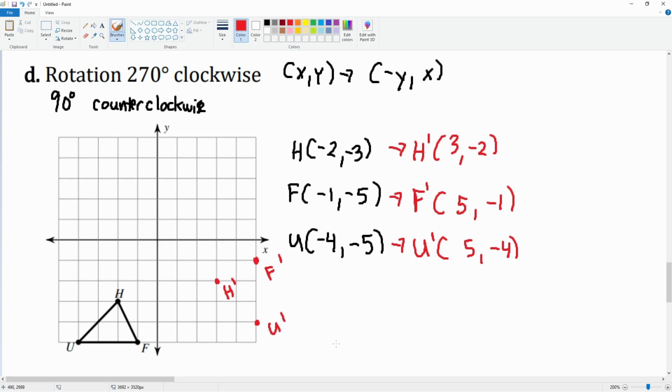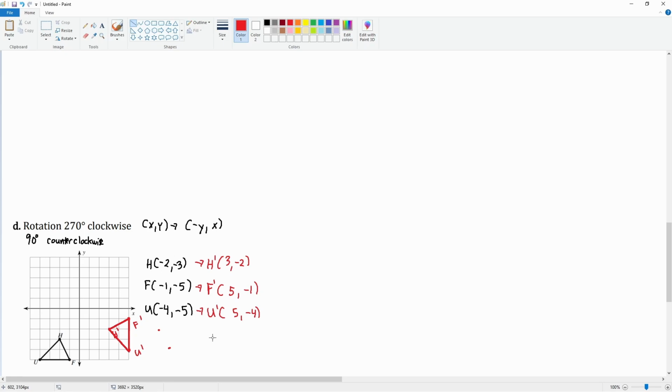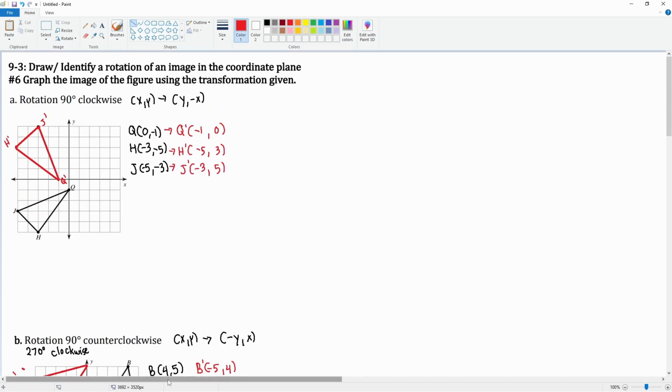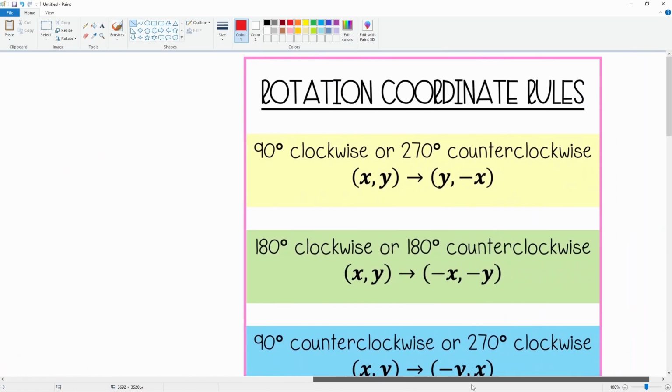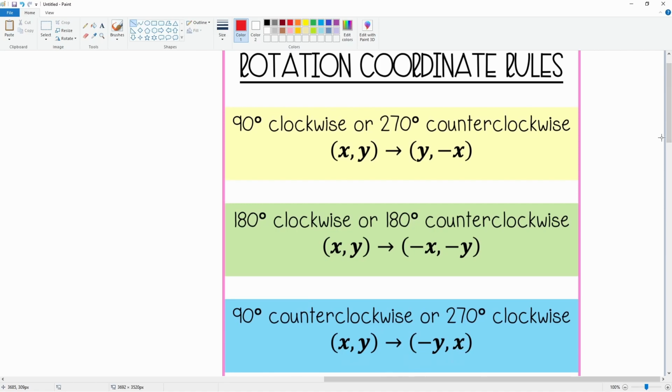Okay, so that would be your 270 clockwise or 90-degree counterclockwise. Okay, so there you go. So all these, from question D, C, B to A, all stem from this question of the properties of the rotation of the coordinate rows. Okay.